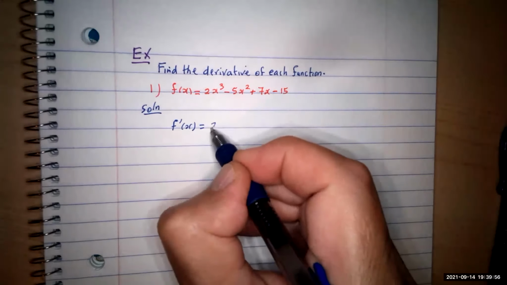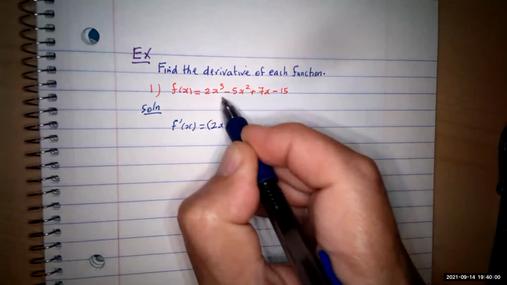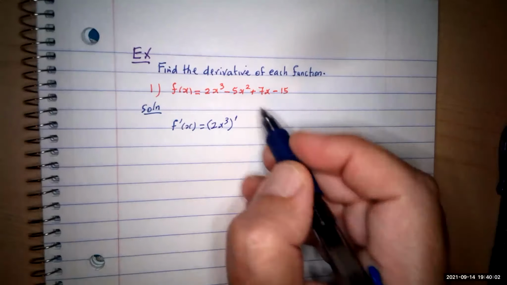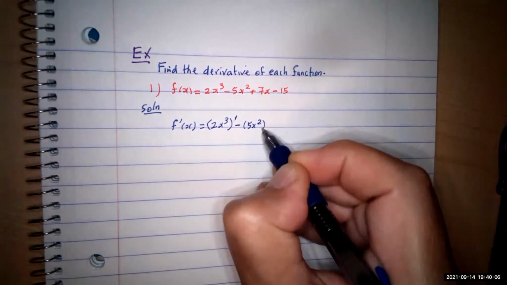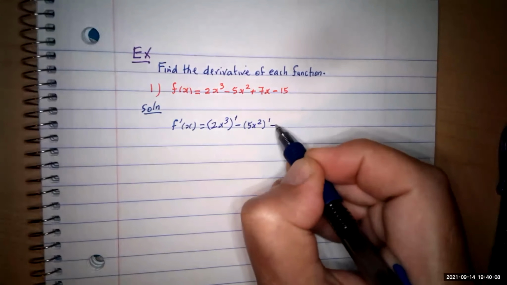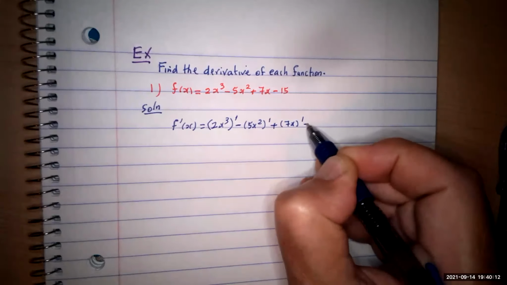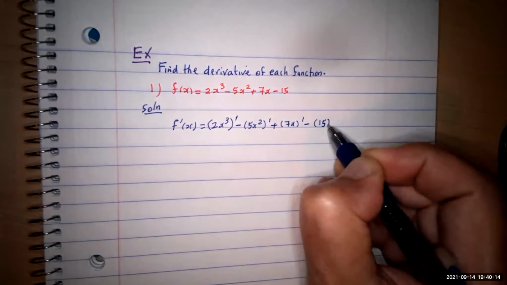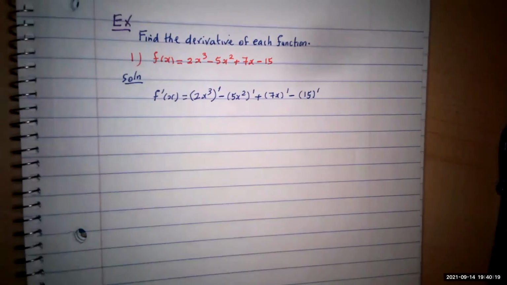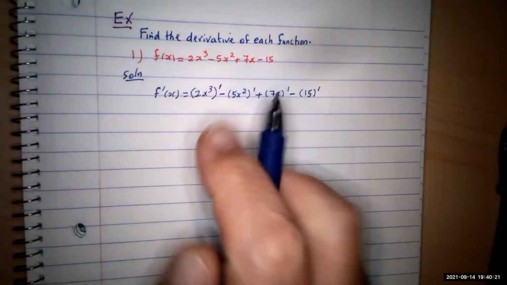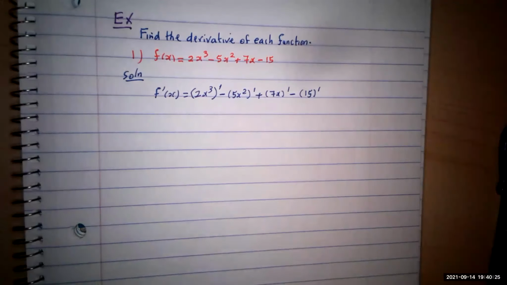I write it down first, the 2x cubed, you find the derivative, minus, the difference rule, the derivative of the second one, 5x squared, differentiated, plus the derivative of 7x, you differentiate it, and minus the derivative of 15. So I use the addition and the difference rules, because I keep the addition and I keep the subtraction.